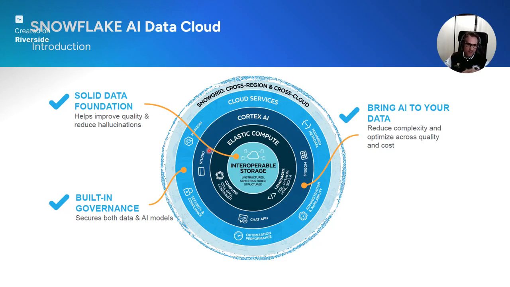As always, on top there are the cloud services that provide Horizon for governance, metadata management, security, and compliance, which secures all the data and all the features on top of it that you are using with GenAI.